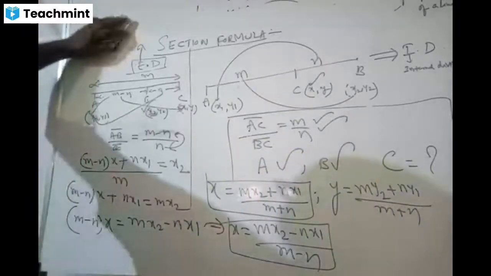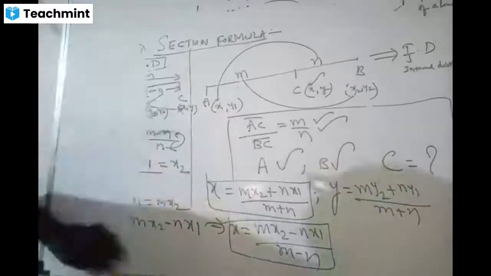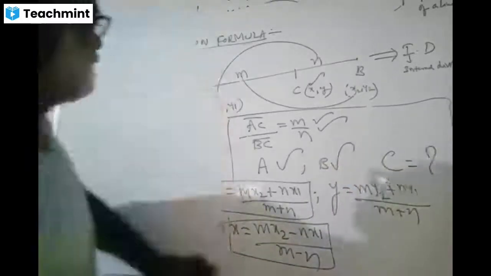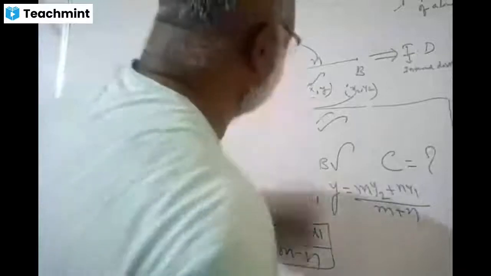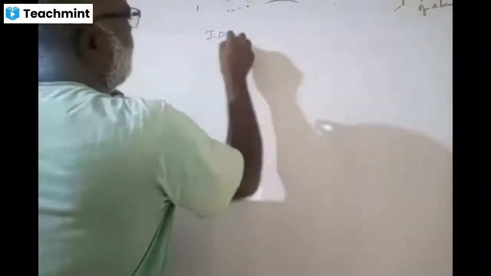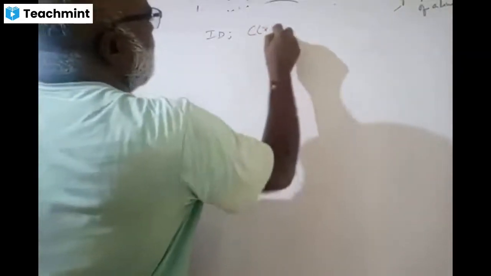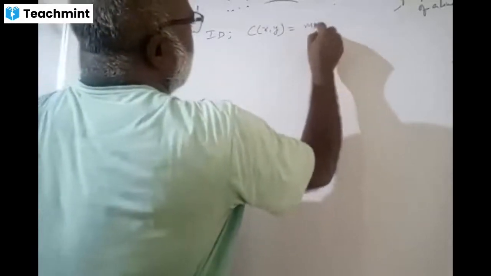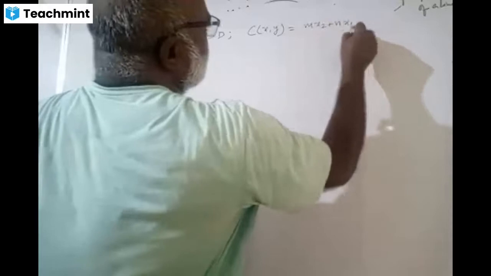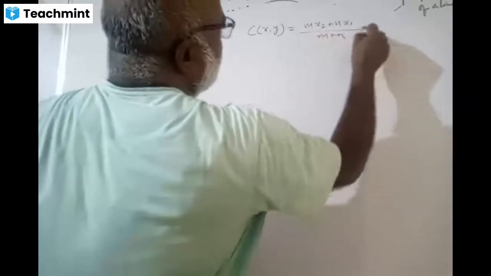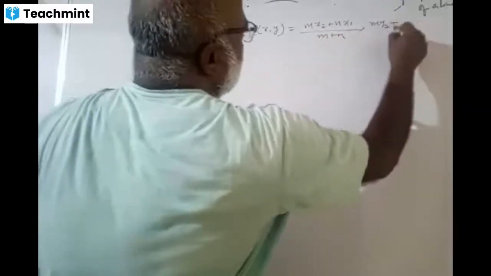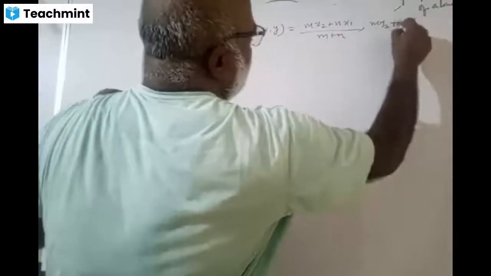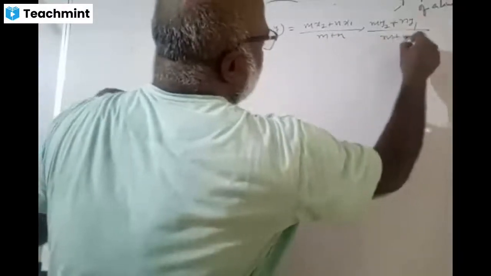So you have learned the section formula, both internal division and external division. Internal division, C of x comma y, is: first the x coordinate, mx2 plus nx1 by m plus n, and my2 plus ny1 by m plus n.